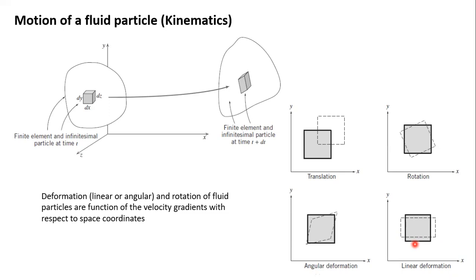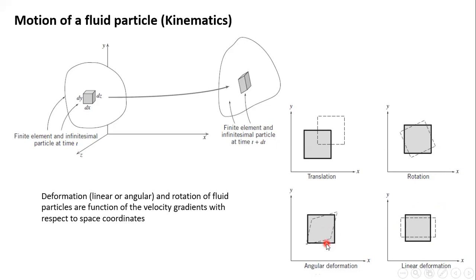And if you divide that strain by the time that elapsed from the original location to the new location, then you have calculated the strain rate. In fluid mechanics, we are more interested in the strain rate than the absolute strain. So here I have a longitudinal strain rate.